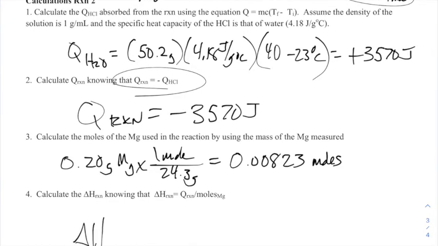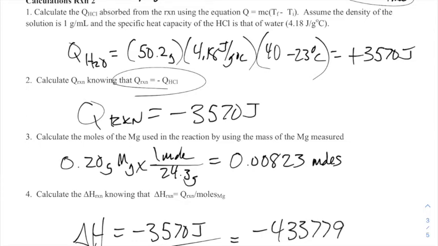So then the delta H is going to be equal to the negative 3570 joules divided by the 0.00823 moles. And so 3570 divided by the 0.00823 moles is going to get me an overall value of negative 433,779 joules per mole.